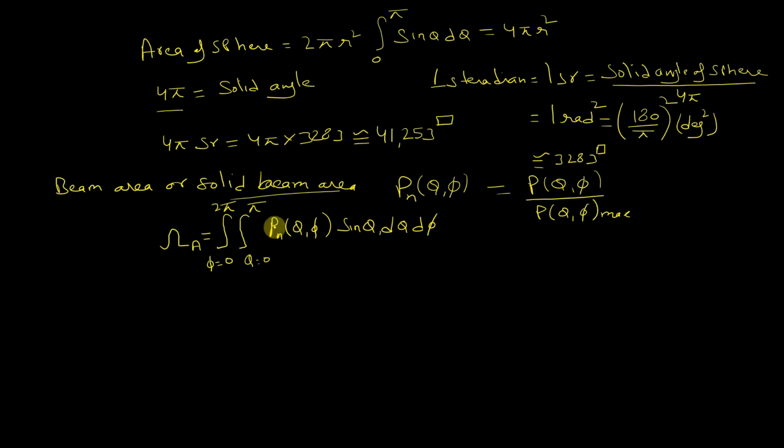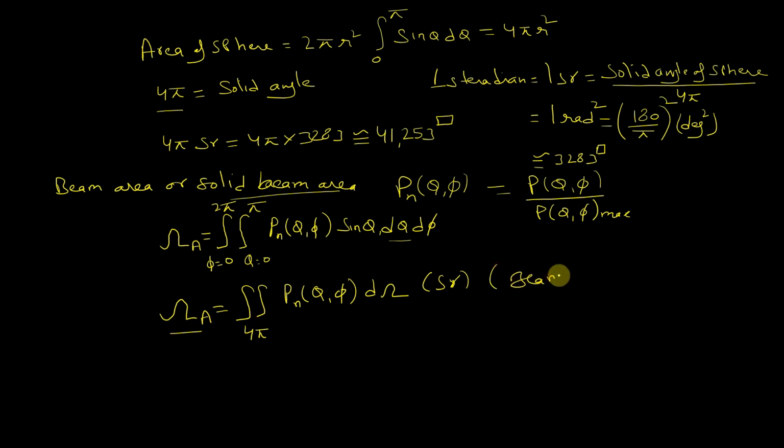We can also write this in terms of solid angle, in terms of steradian, because sine theta d theta d phi is d omega. We have already discussed it. So that will be in steradian, and this is the beam area.